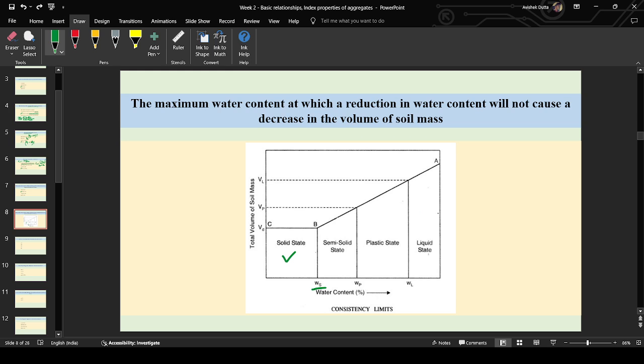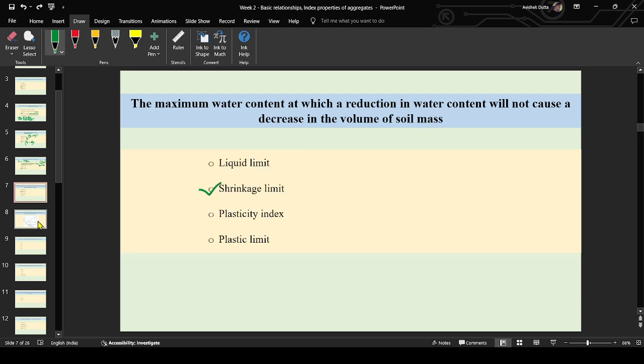So if there was something observed previously by researchers, it would have been in the same graph. But as per the research and as per the engineering and scientific scenarios, when we add water to soil, it can be any kind of soil. Obviously, it is written over here. So these are the states that have been observed for a soil upon addition of water and upon the reduction of water.